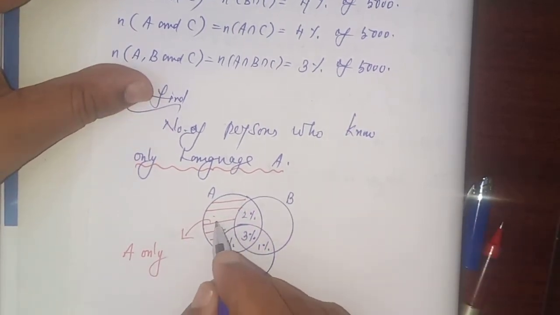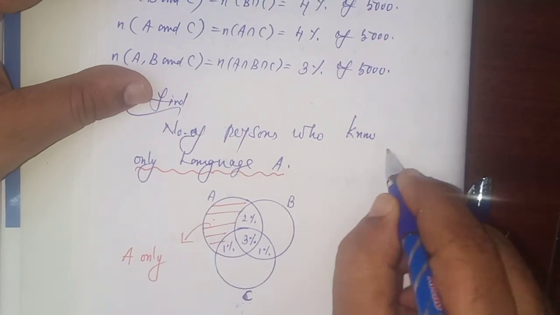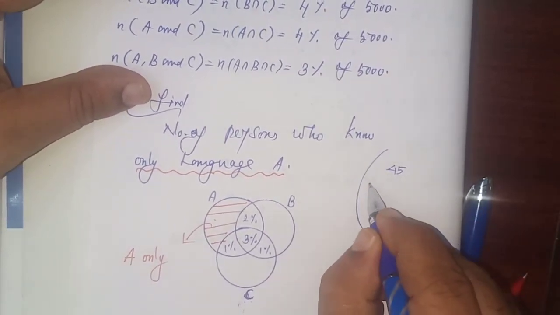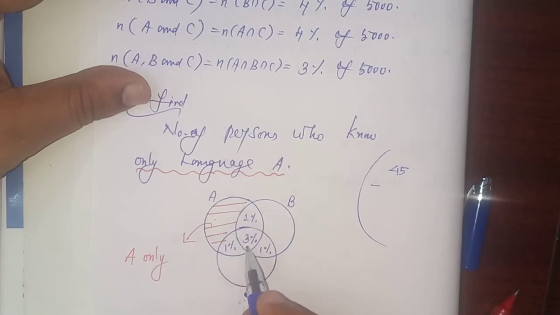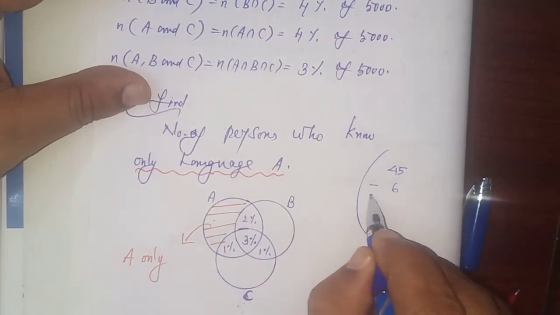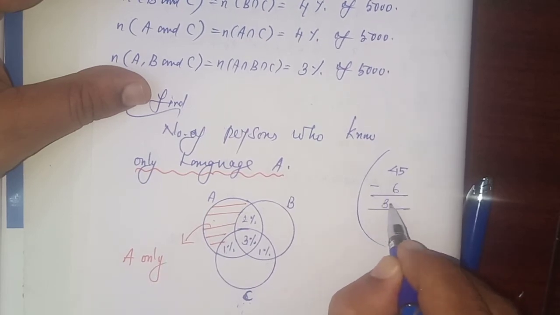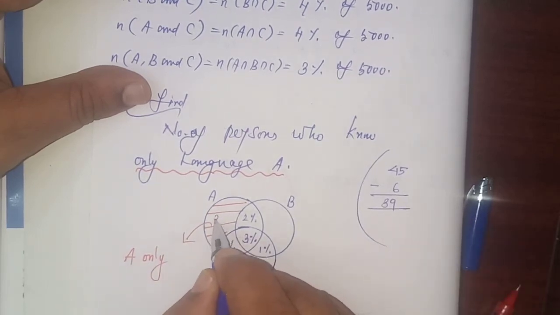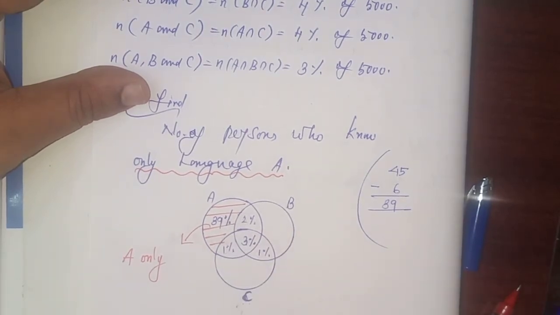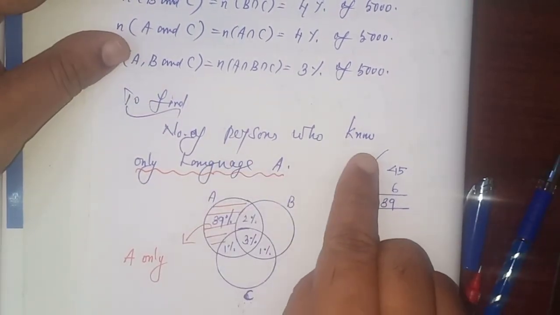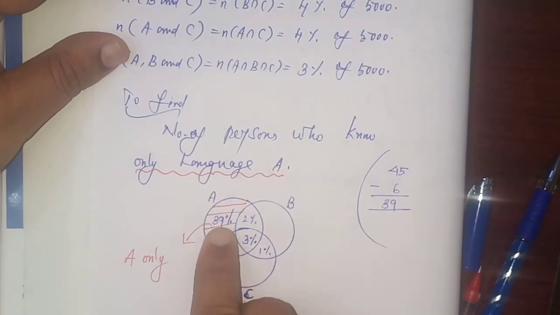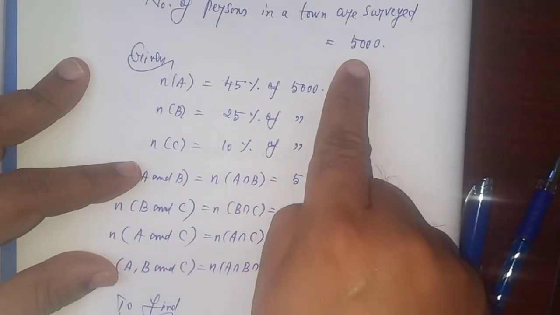So for finding this portion, listen, I do it here. 45 minus, add all the 3: 2 plus 3, 5, 5 plus 1, 6. 45 minus 6 is equal to 39. So this portion is 39%. Now the number of persons who know only language A is 39% of 5000.